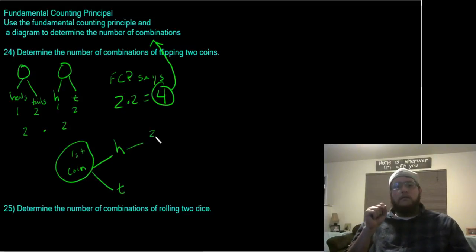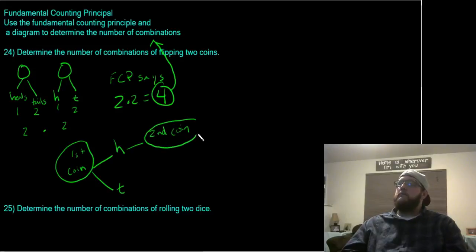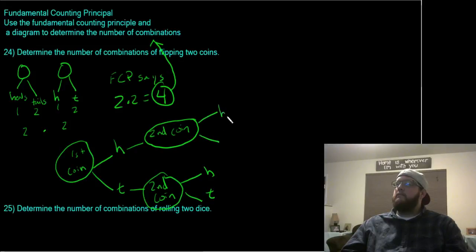And then we get the second coin, and it can either be heads or tails. So if you notice, one of our options is the first coin being heads, the second being heads.